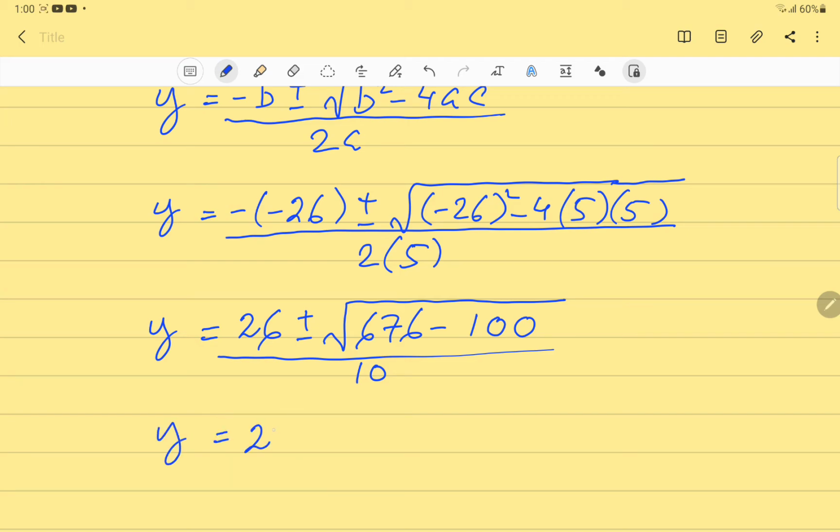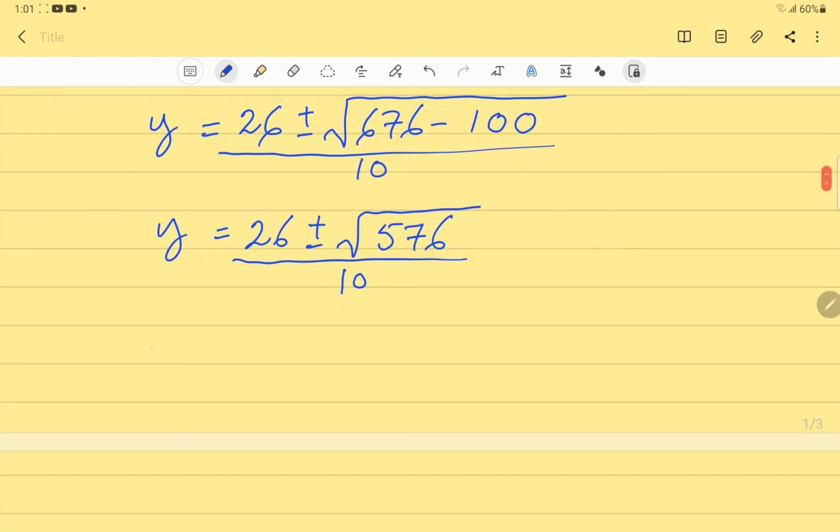So y is equal to 26 plus minus square root of 676 minus 100, which will be 576. The square root of 576 is 24, over 10.